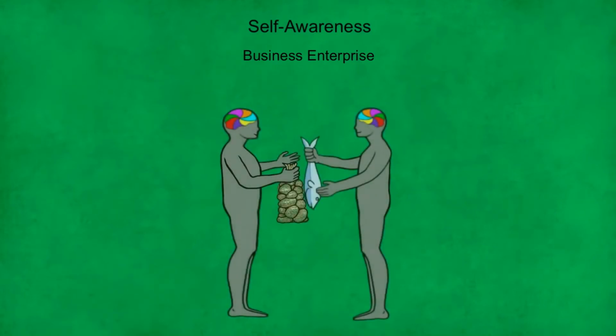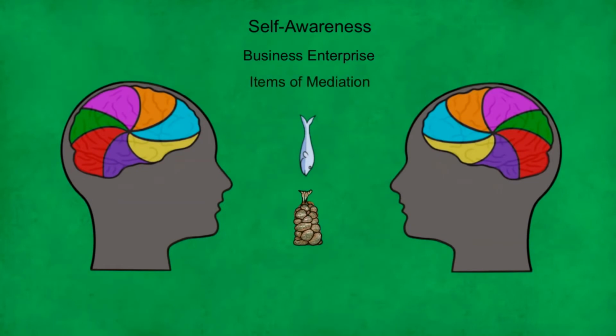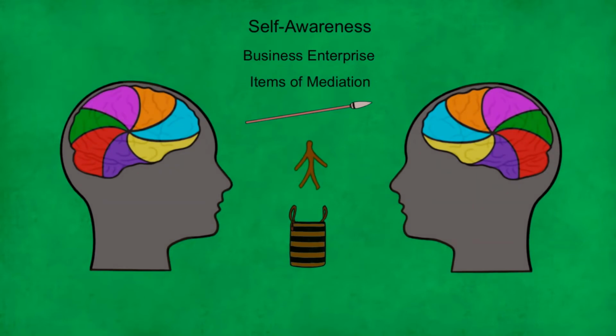Business enterprise began with the simple exchange of objects between individuals. Objects that made each person feel good. Any object could therefore become an item of mediation which stimulated the self-awareness area of the human brain, such as items of food, or the items of art and tools already discussed. Initially, this exchange of items occurred within human groups.